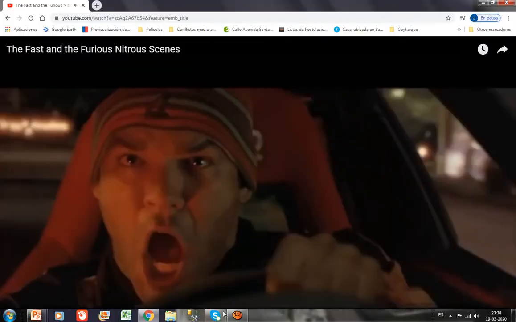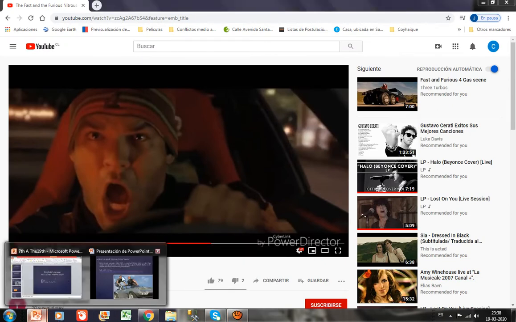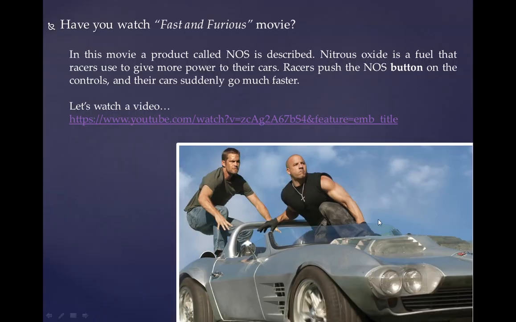Okay, as you could see, this NOS button helps the car to have more power.